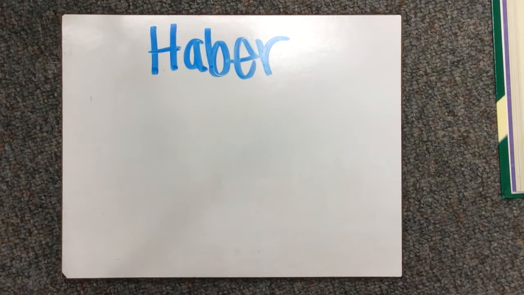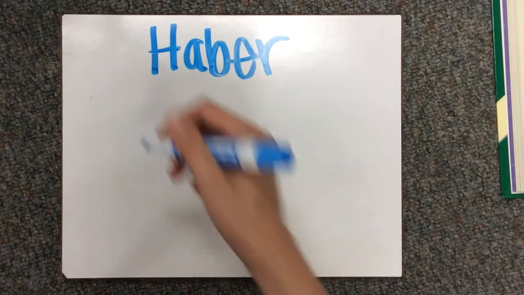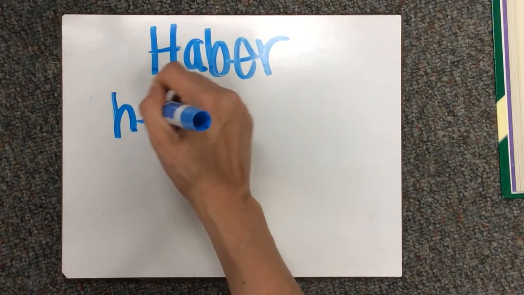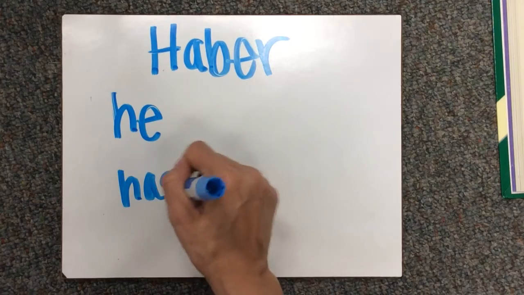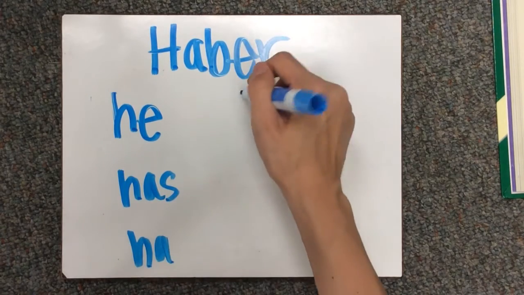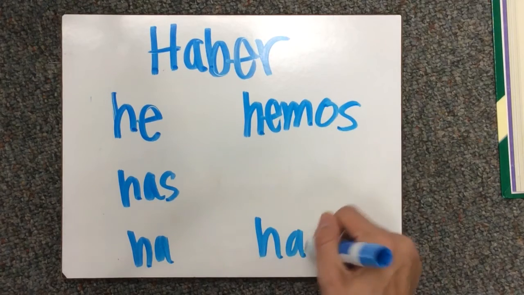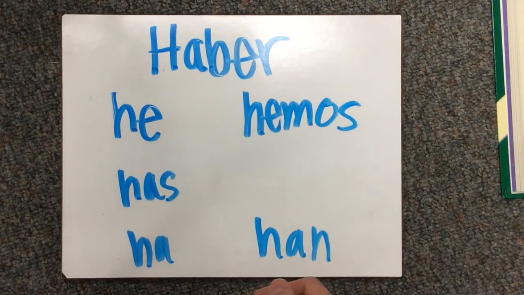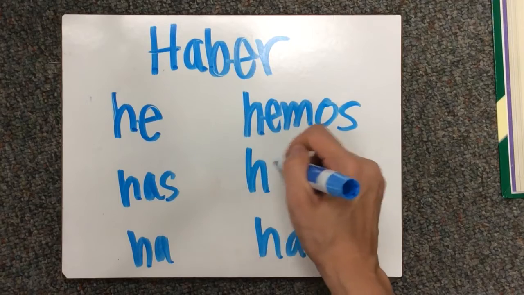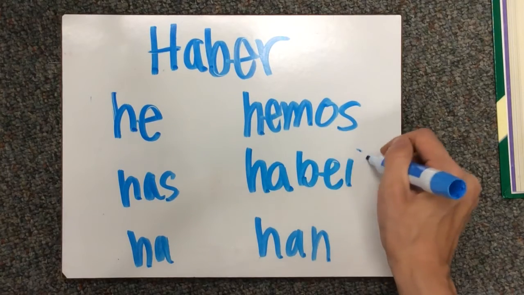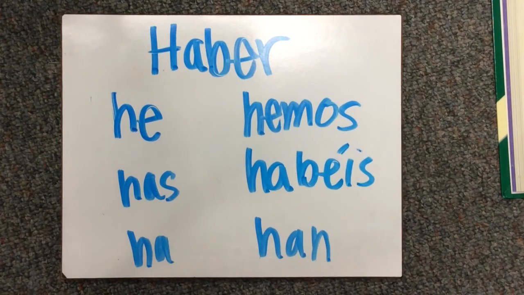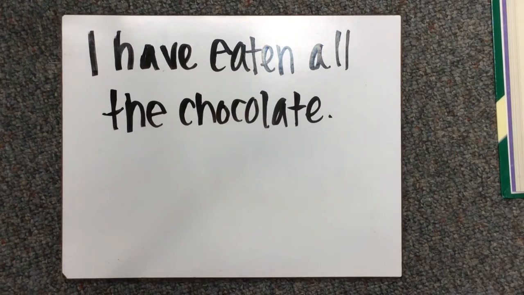So the conjugations of haber, which we learned in Spanish 2, are has, hemos, an. And for those of you overachievers that are really curious, it's habéis for the vosotros.